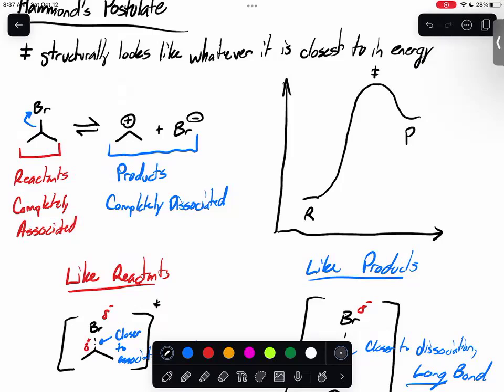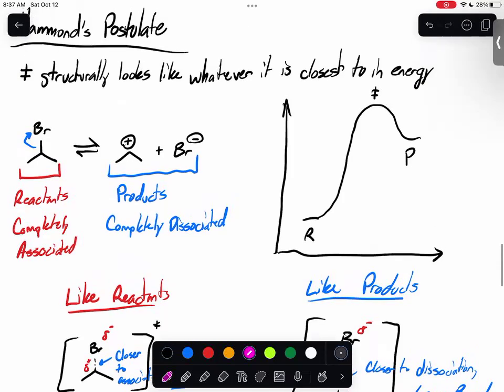But you'll notice that Hammond's postulate says the transition state structurally looks like whatever it's closest to in energy. And the closest thing to that transition state is the products. So it's closest to the product energy. Therefore, it looks like products.